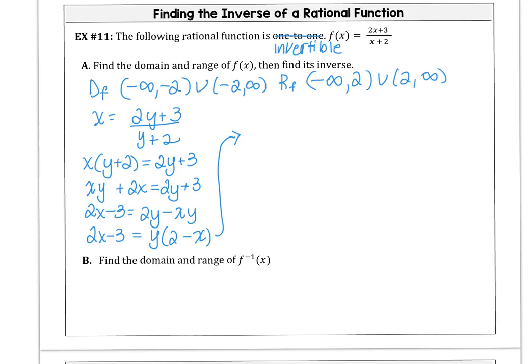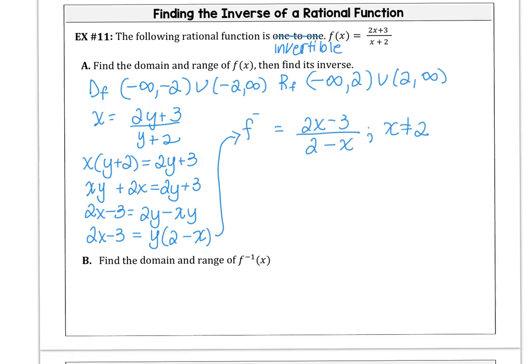We're going to get y is equal to 2x minus 3 divided by 2 minus x, but x cannot be 2. And then we want to get rid of the y equals and give it our f inverse notation.